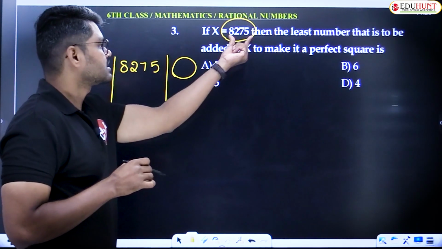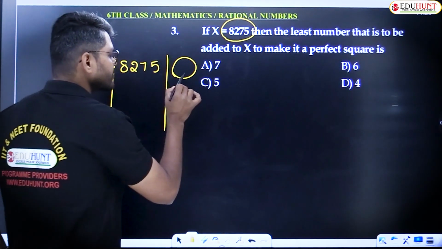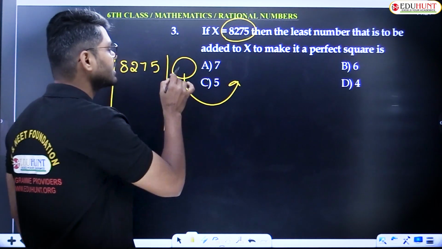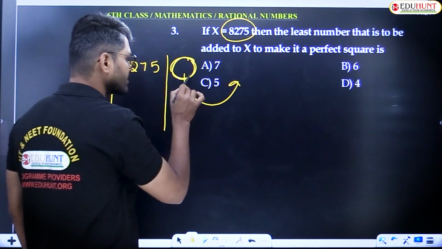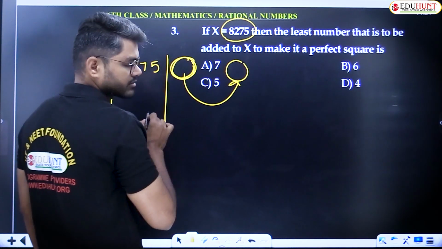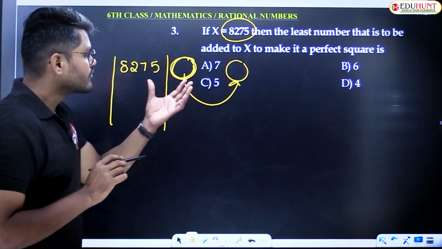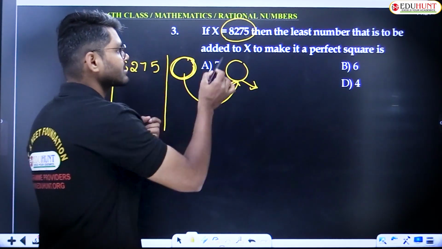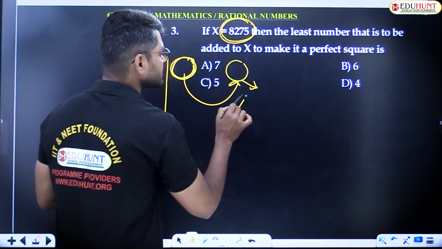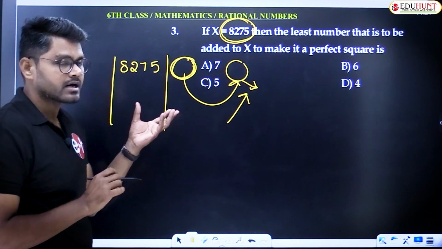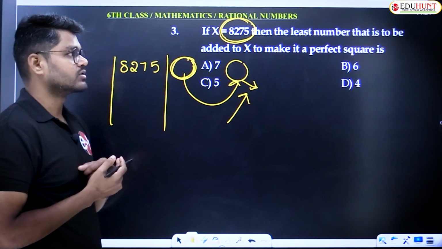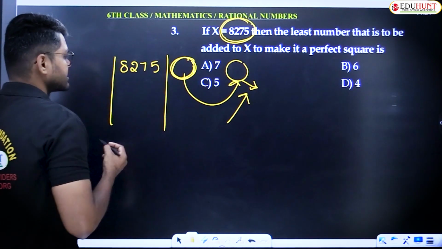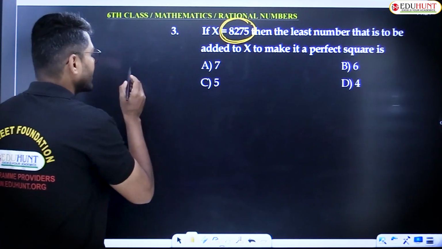This x will be between the square of this number and the next number. Now find the square of the next number, then subtract 8275 from it. That result will be added to make it a perfect square. Let's see, first we solve this question.